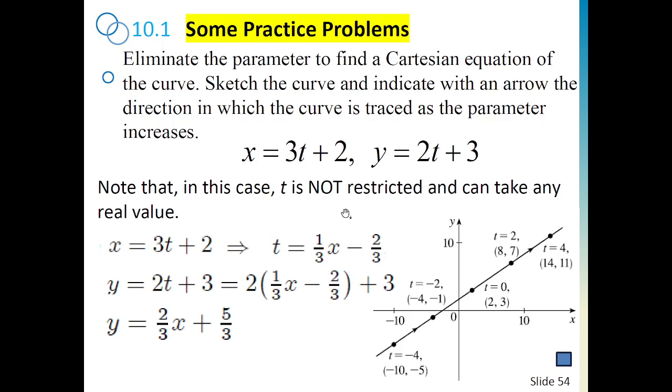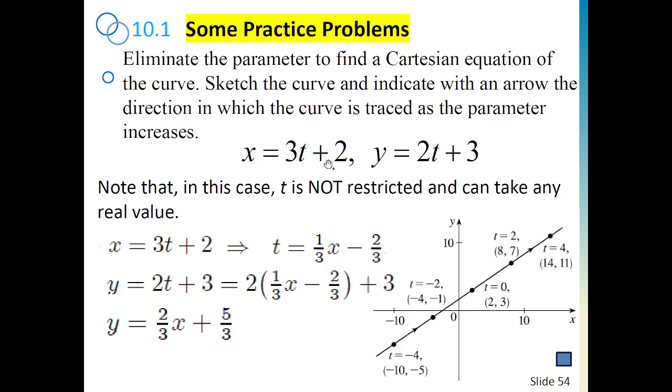directions. So now the next thing is, what is the direction of movement? So let's say I take two consecutive values of t and see where the points are. At t equals 0, x is 2 and y is 3. So at t equals 0, we have points 2, 3. Okay, so at t equal 1, what do we get?